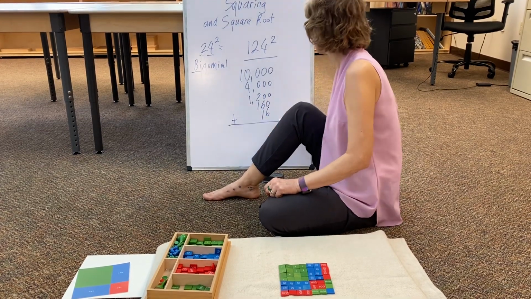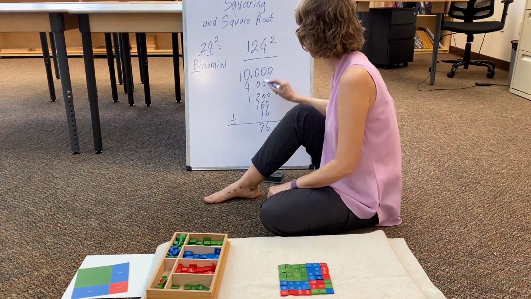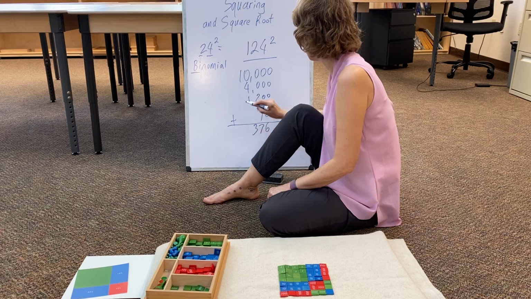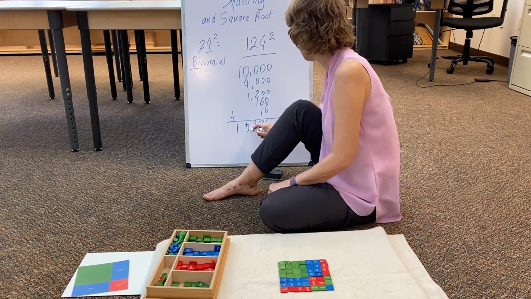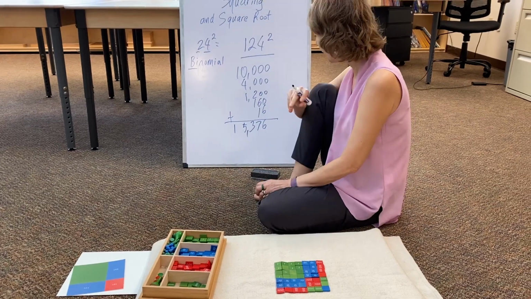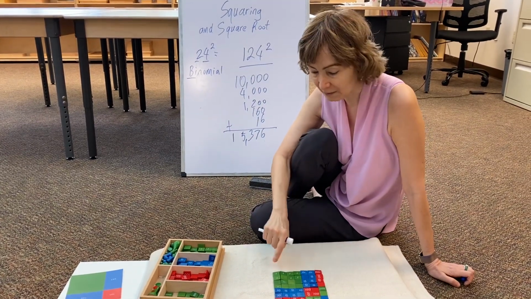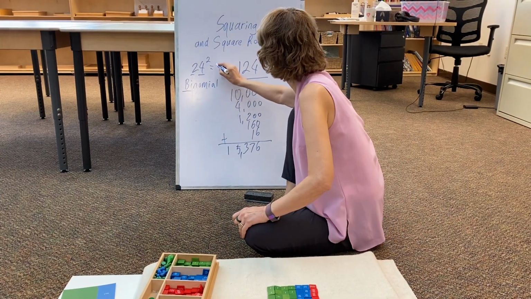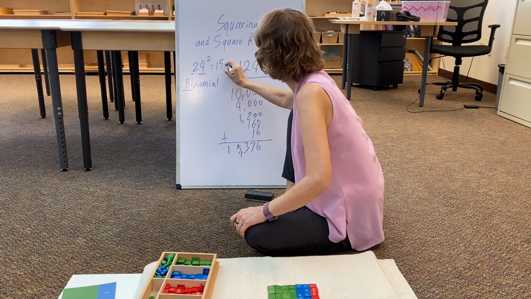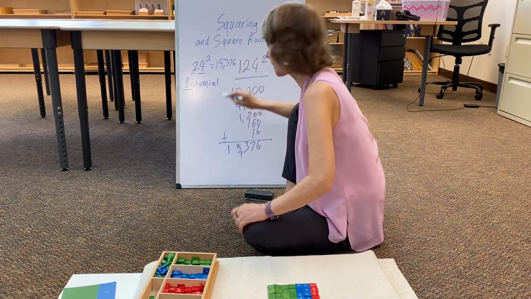Let's add up. 6, 7, 3, 5, and 1. 15,376. That is 124 squared. That is equal to 15,376.